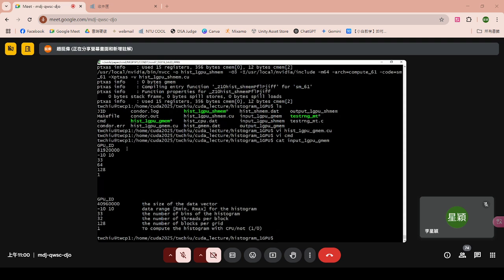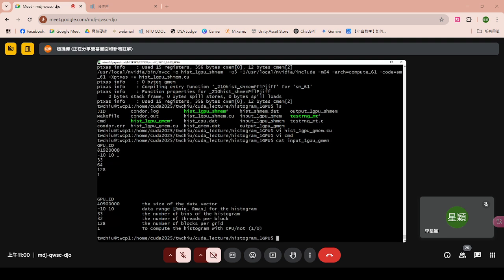And then the size of the data vector is 82,000,000, so about 82 million numbers. It's random numbers with a normal distribution. Presumably the normal distribution is from minus infinity to plus infinity.